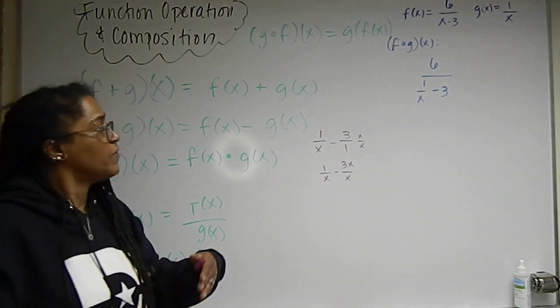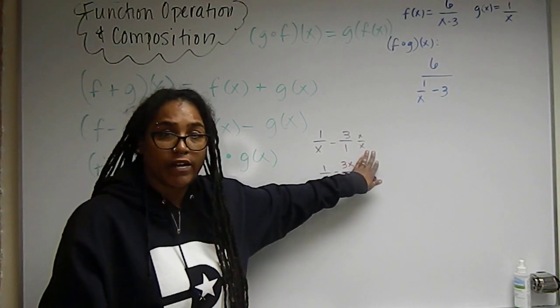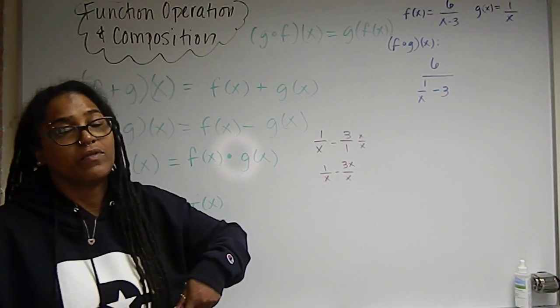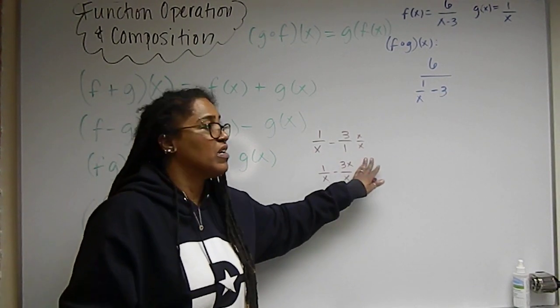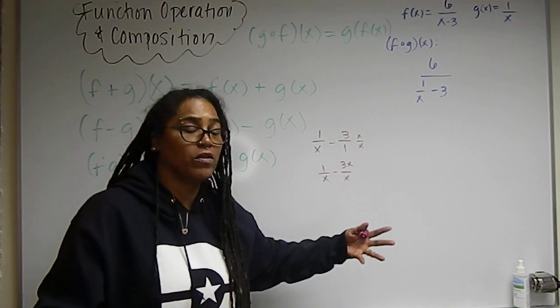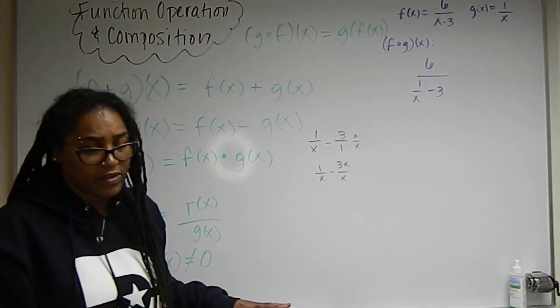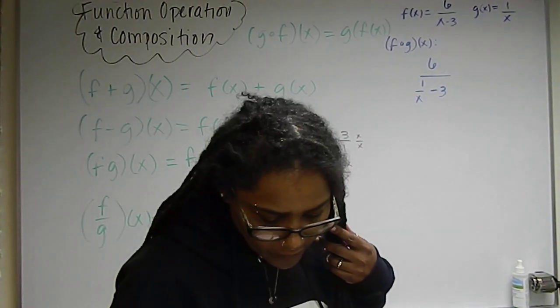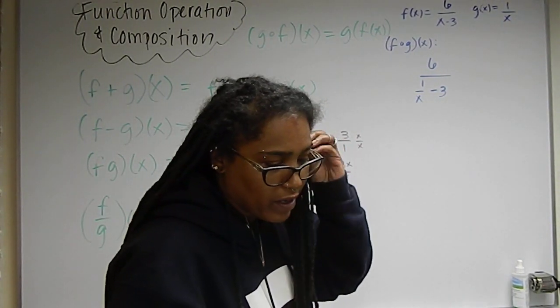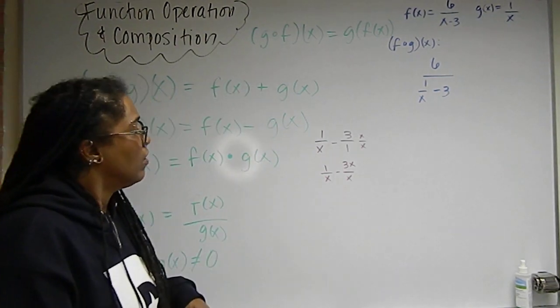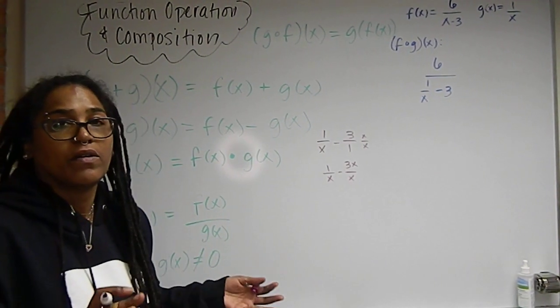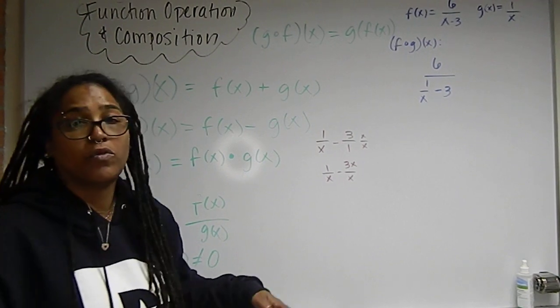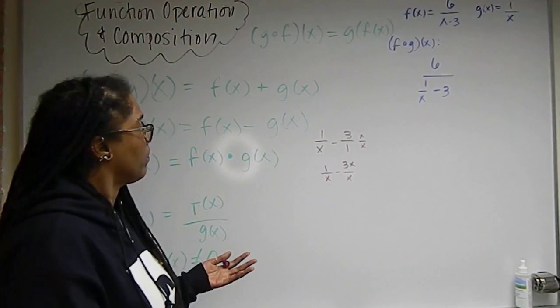Anything over itself is still 1, and that includes variables, because remember, variables are substituted in place of numbers, in place of the values. So just because we don't know what the value is, it doesn't mean that we make up a different rule. Rules don't change. That's why they're just variables, right?